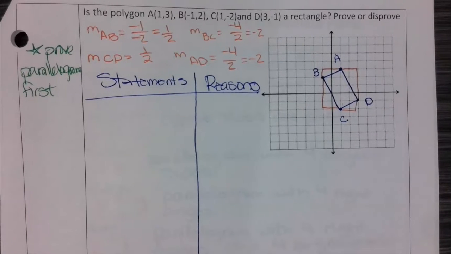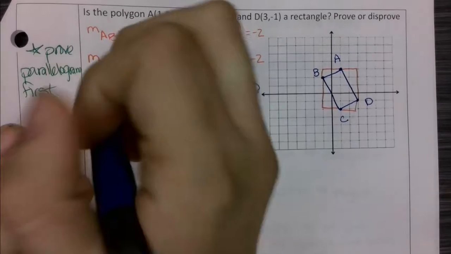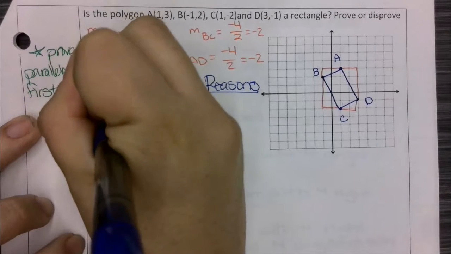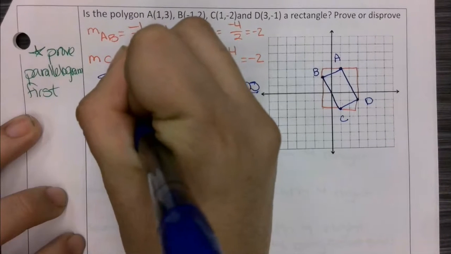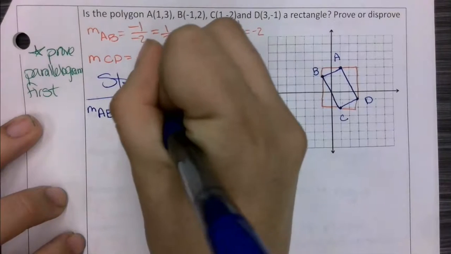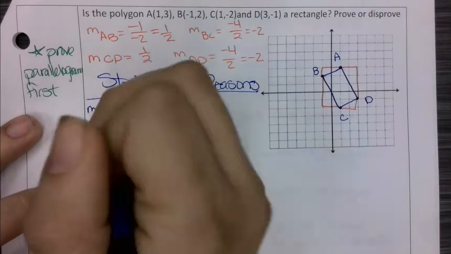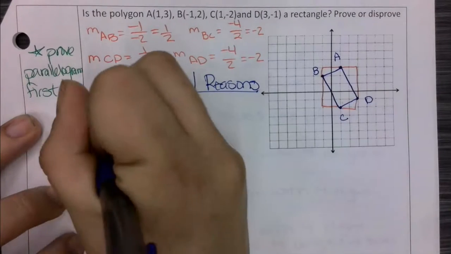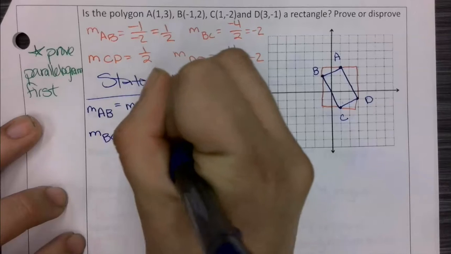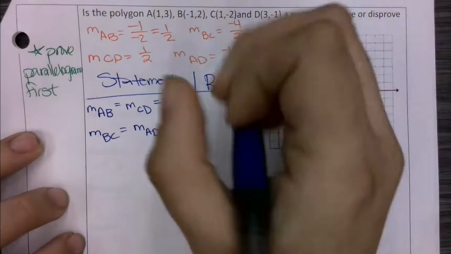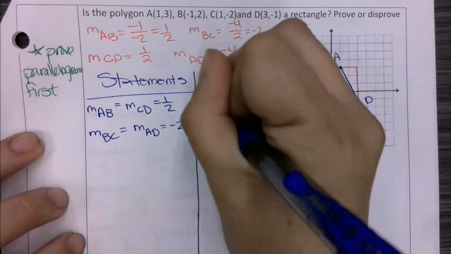Okay, so the first thing I want to say is I want to talk about it being a parallelogram and my two parallel sides. So I'm going to say the slope of AB equals the slope of CD, which is 1/2, and the slope of BC equals the slope of AD, which is -2. That is the slope formula.